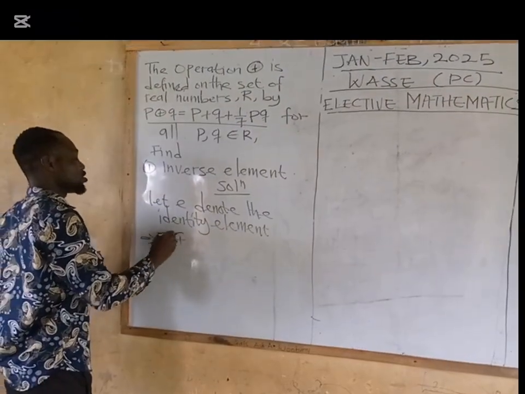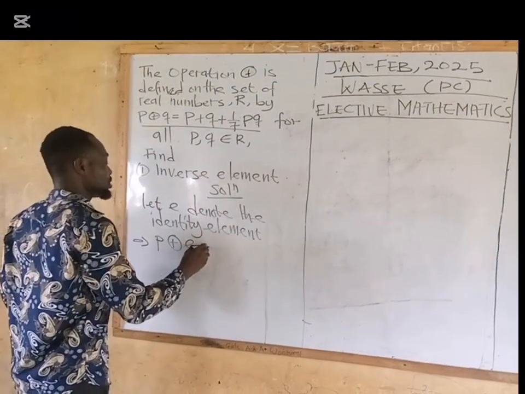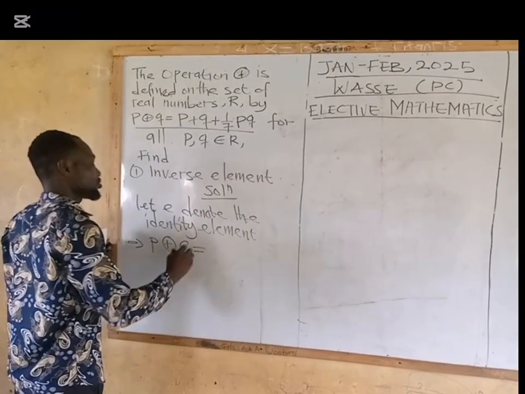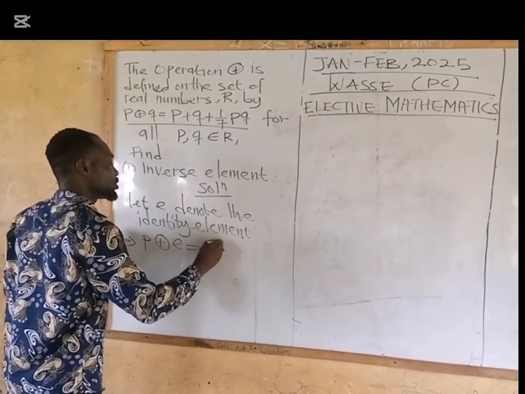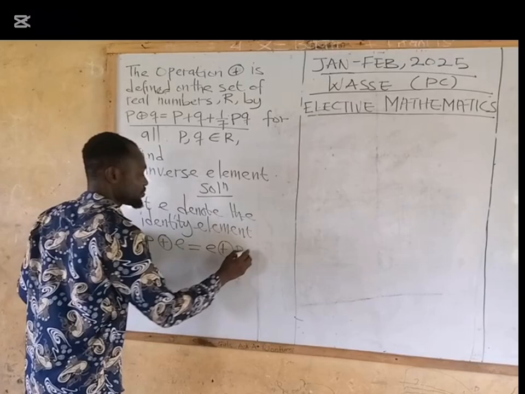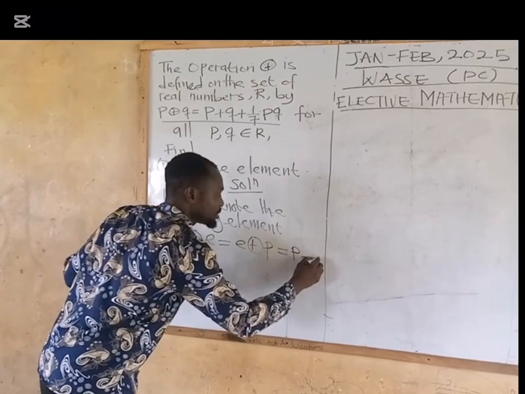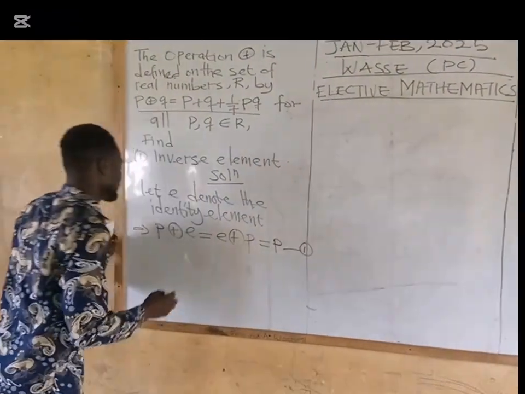P operation E, that is the identity element, should be equal to E operation P, because they are commutative, and this should give us P. Let's name this equation 1.